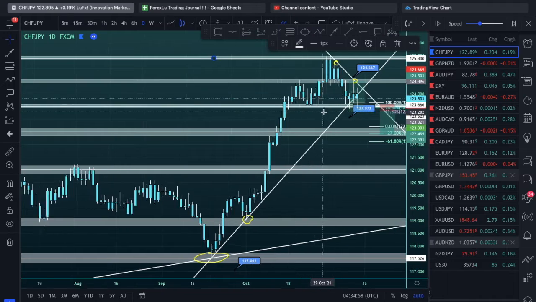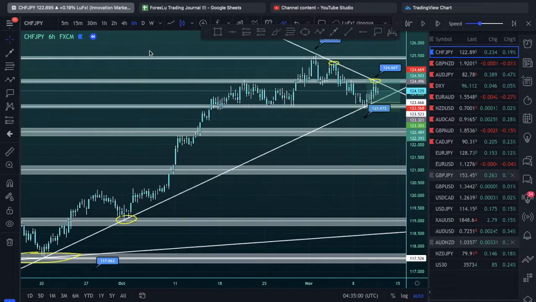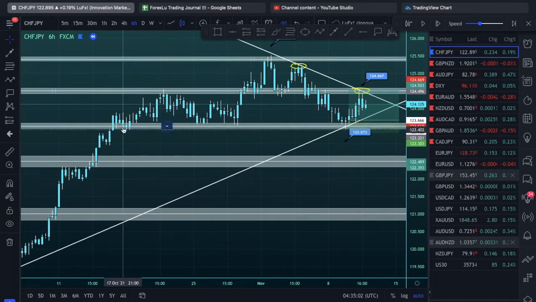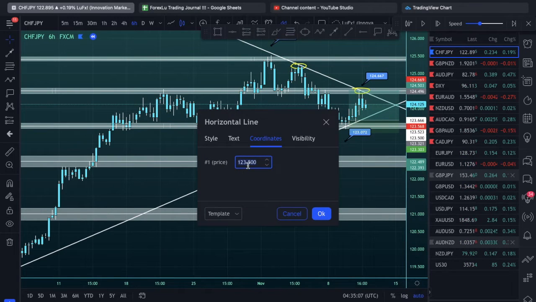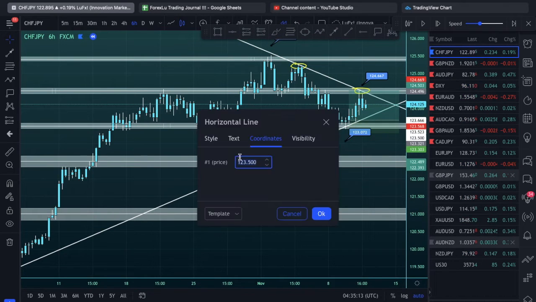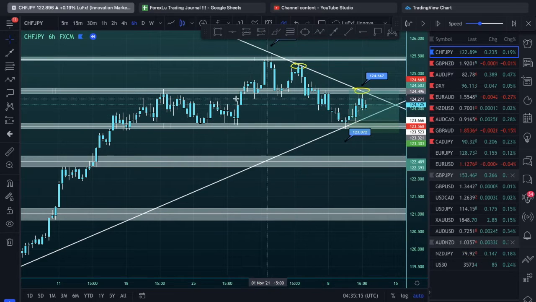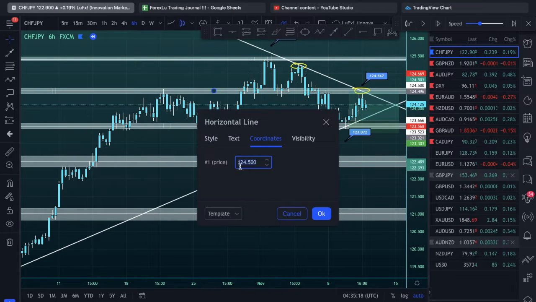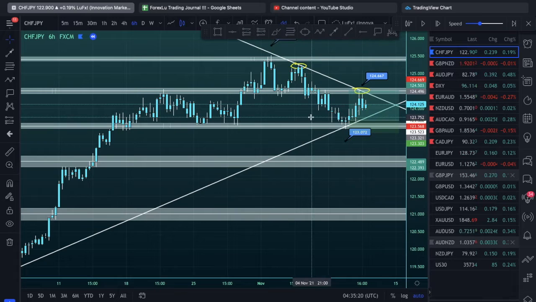If this is your support level down here on the 6 hour, and you see price bouncing here, and it's 123,472, you just put 123,500. So, anyways, price came, hit this psychological level, 123,500, and I was just looking for it to come up to this level of 124,500, and that's what it did to the T.